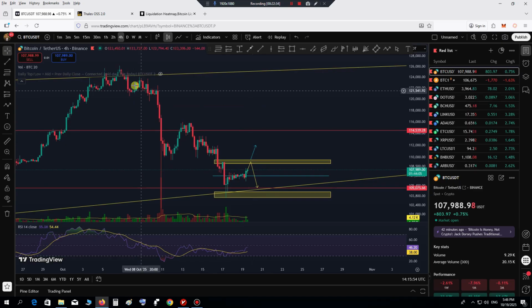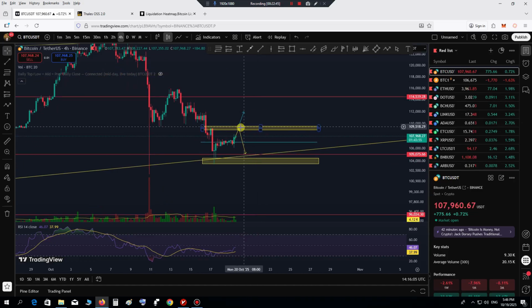If it breaks and consolidates above it and attacks 112, then we can say that this downtrend has seen a change in character, and maybe we can even say we're back in a bullish trend. Otherwise, if it fails to reclaim 109, it'll move downward. Options are apparently showing a downward move in the short term, for the next day or two, indicating a move back down.